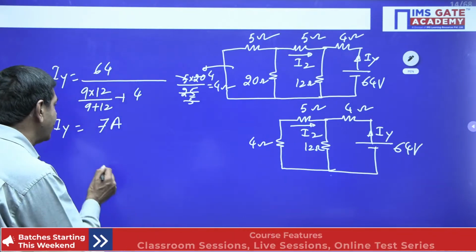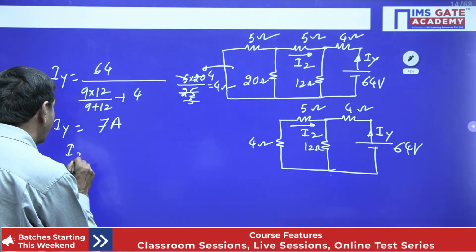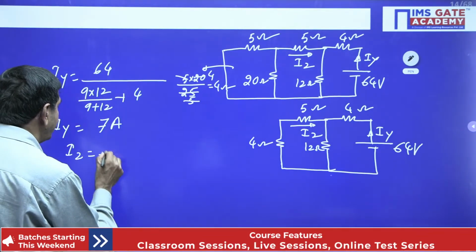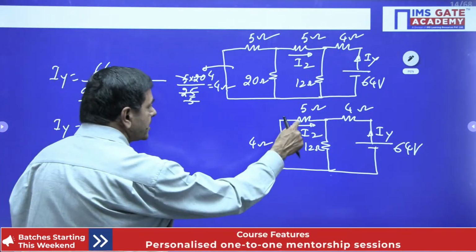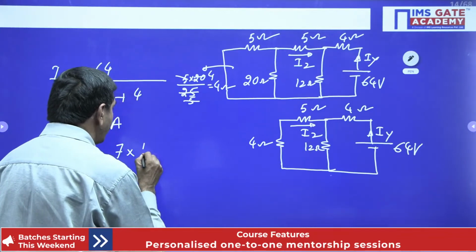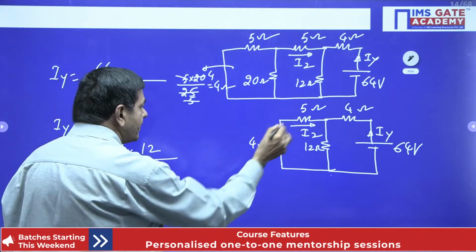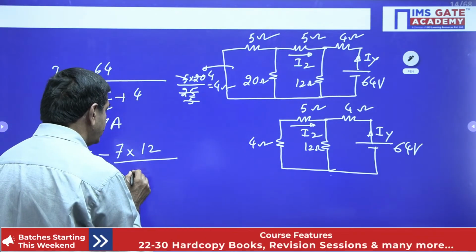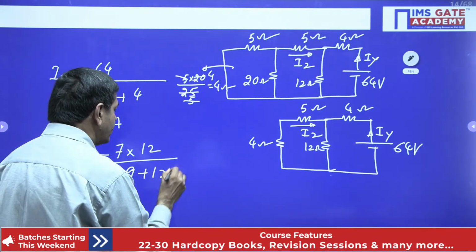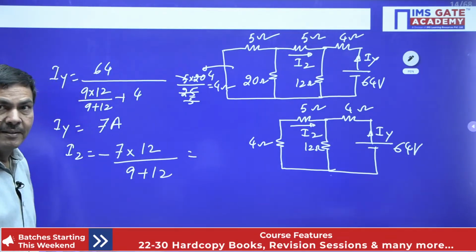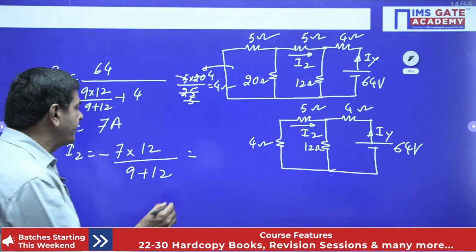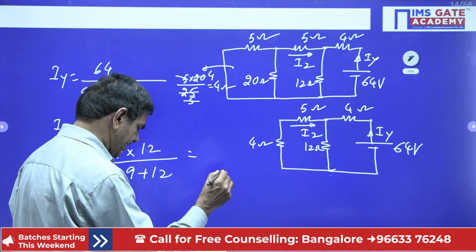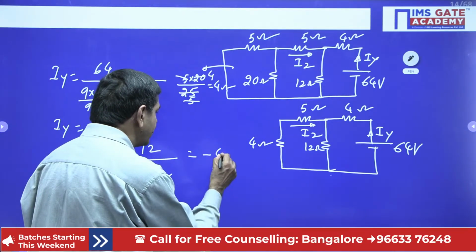In that case, I2 equals minus IY, that is 7 into the opposite resistor 12, divided by 5 plus 4, 9, plus 12. Use the calculator. Then its value comes as 4 amperes. Minus 4 amperes we can get this side.